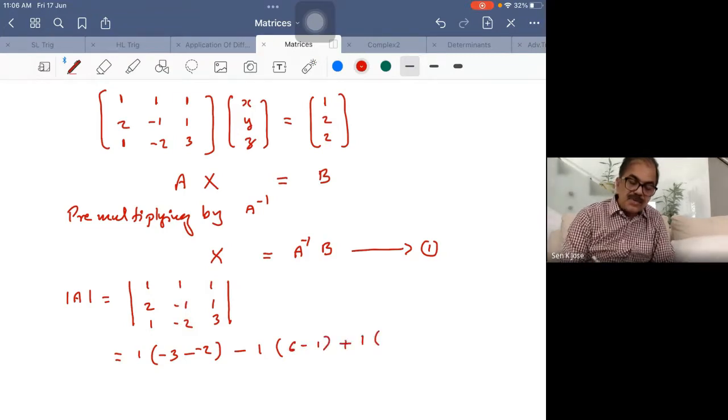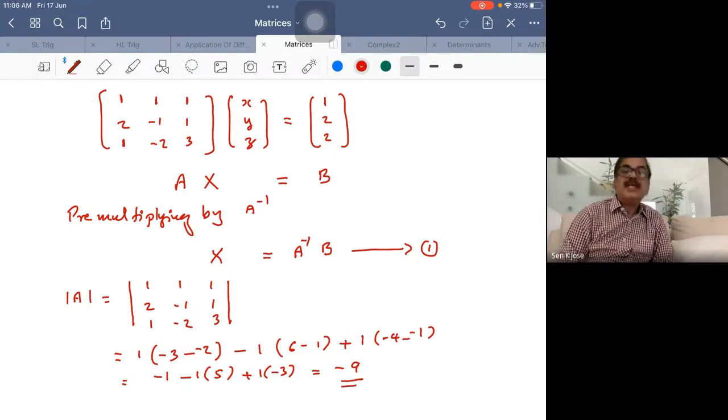Plus 1 into, its minor, that's the element, delete the row and the column, cross multiply minus 4 minus 1, which is equal to minus 3 plus 2, which is minus 1. Minus 1 into 5 plus 1 into minus 3, which is going to be minus 9, I think. Did anyone get negative 9 as their determinant?